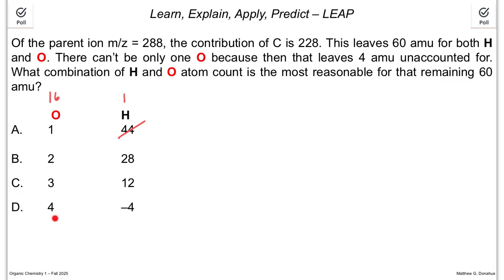Choice D also makes no sense, because if we had 4 oxygens, then we would have to have a negative number of hydrogens, and we can't do that.